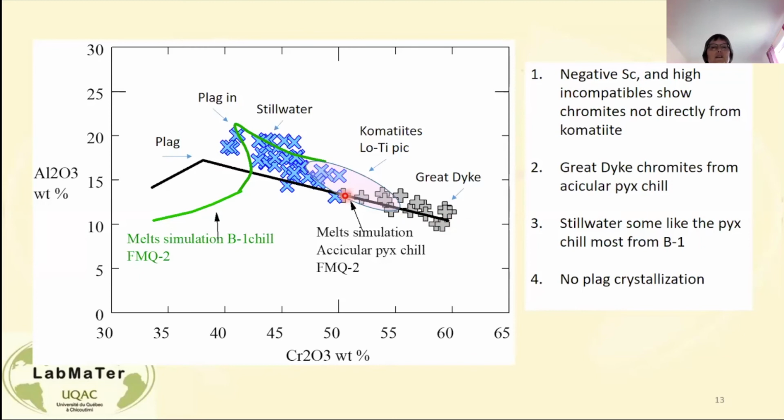For the Stillwater, we can see a few of them would be satisfied with this chill, but mostly the Stillwater samples are lower in chrome and a bit richer in aluminium. So we really need to go for the B1 chill of the Bushveld, which has more crustal contamination. And we could probably satisfy the Stillwater samples. And I just showed the position of the Komatiite and the low titanium Pickrites on this line.